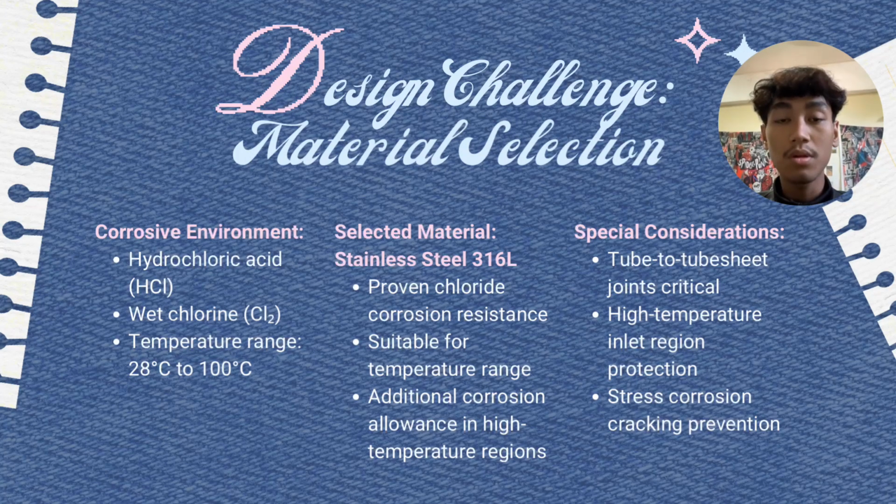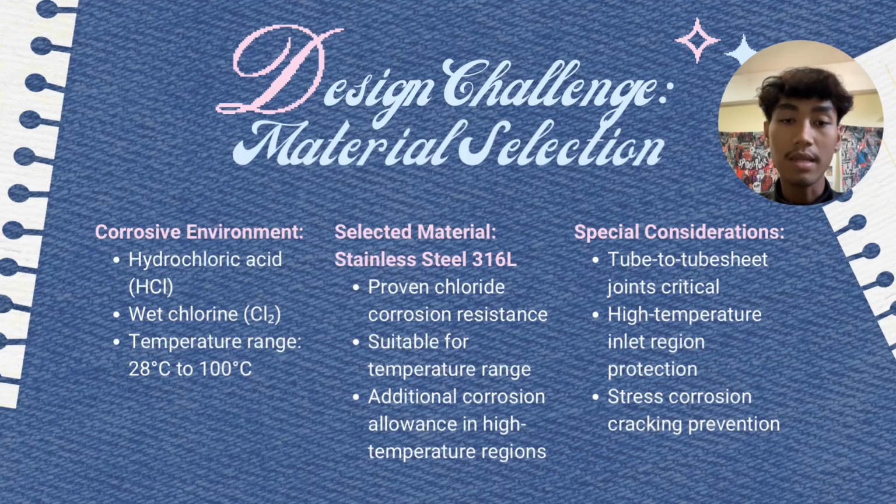Next, we will go on to the next topic, which is the challenge related to material selection for the heat exchanger. The system operates in a corrosive environment involving hydrochloric acid and wet chlorine, with temperature ranging from 28 degrees Celsius to 100 degrees Celsius.